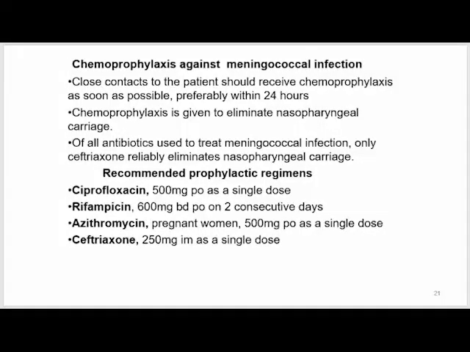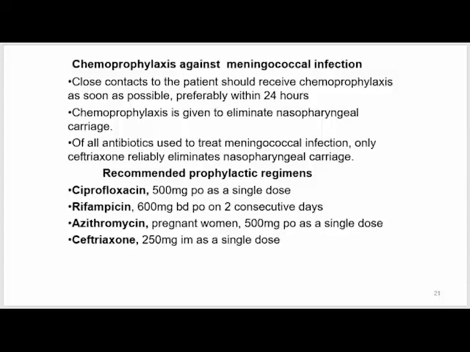Prophylaxis against meningococcal infection. So if your relative, your friend, your neighbor comes into contact with a patient who has meningitis, and the diagnosis has been made that it is meningococcal caused by Neisseria meningitidis, quickly you need to be on prophylaxis, preferably within 24 hours.